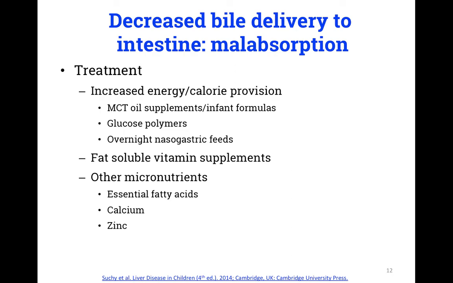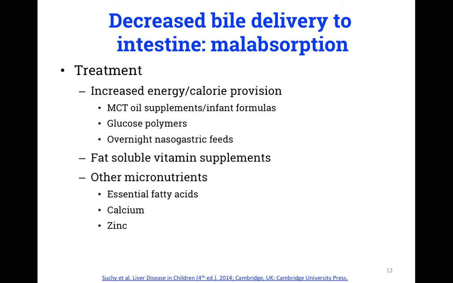So, for example, zinc is thought to be low because of potentially poor intake, malabsorption, and increased zinc excretion in the urine. And again, not fully understood why, but it has been well described in infants with chronic cholestasis. Essential fatty acids are obviously important because they are long-chain triglycerides, and thus they are not adequately absorbed in cholestasis for the reasons mentioned above.